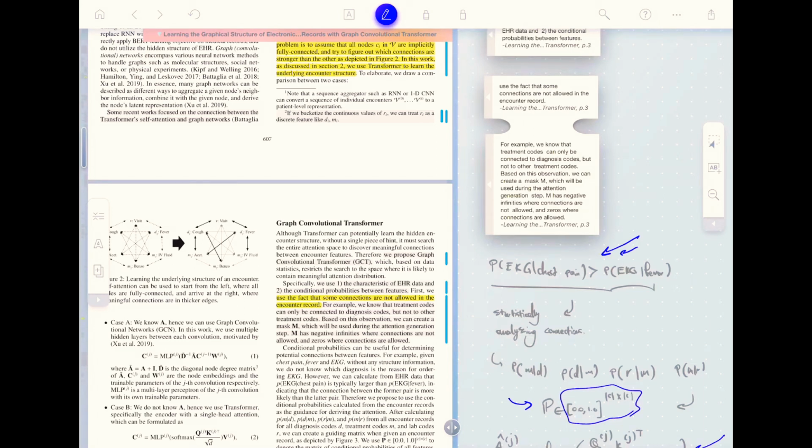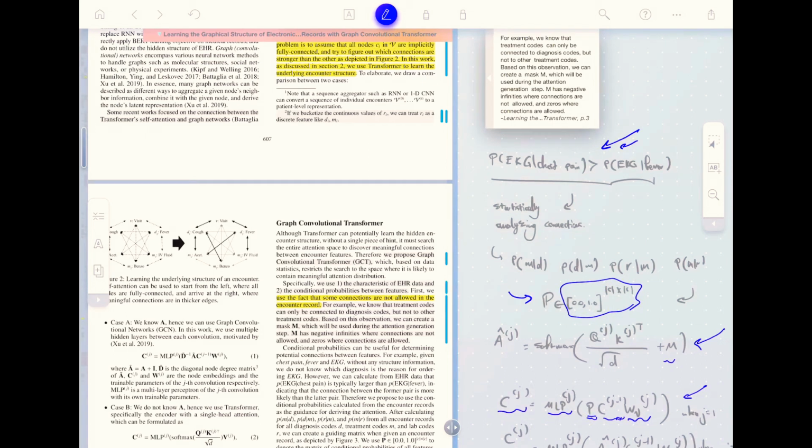That obviously comes from the intuitive connection between the electrocardiogram and heart and cardiovascular diseases. So what we can see is that statistically analyzing these connections would be important. So they go over the conditional probabilities between treatments, diagnoses, and lab reports. And what they do is create this P matrix here, which is of this space.